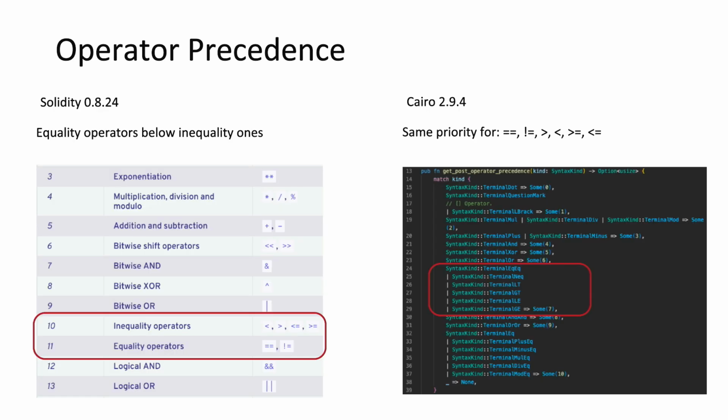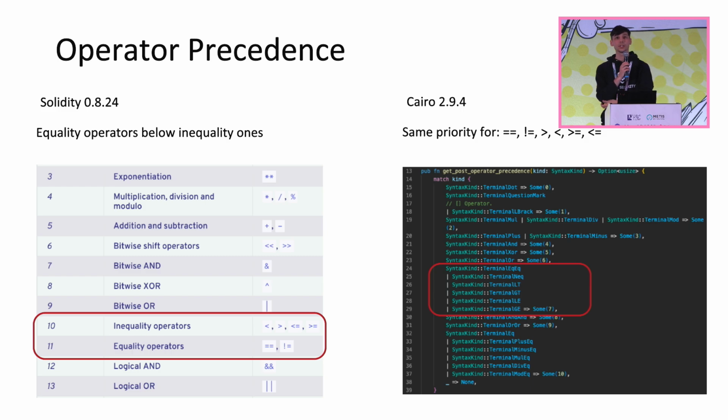Now let's discuss a small difference between Solidity and Cairo in terms of operator precedence. In Solidity, the equality operators have less precedence, less priority, than the inequality ones. However, in Cairo, they have the same.